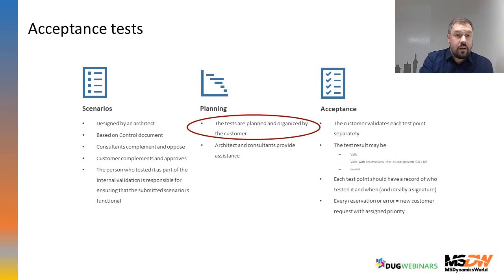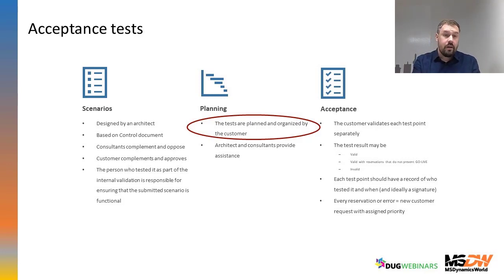I spoke about acceptance scenarios, and this is the second most important document of the project management, because the first one is the solution design. Solution design is something like your DevOps and user stories and epics and features, which means what has to be done to make the solution done, to have everything to start go live.